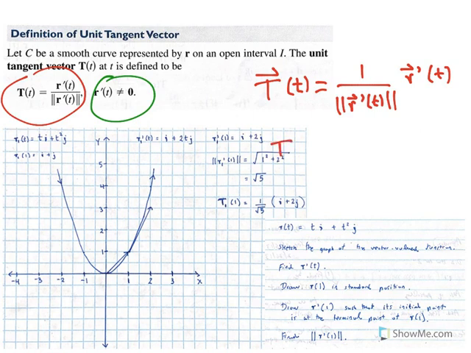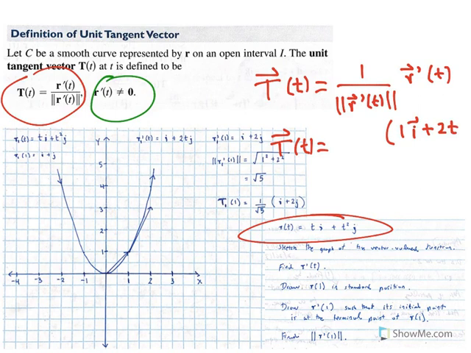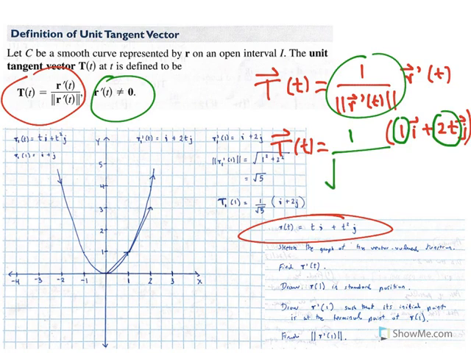So all you have to do is find r prime of t, which is very easy to do. R prime of t is simply 1i plus 2tj. And if you want to multiply that by 1 over the magnitude of r prime of t, how do you find the magnitude of this vector r prime of t? You do the square root of the sum of the squares of the individual components.